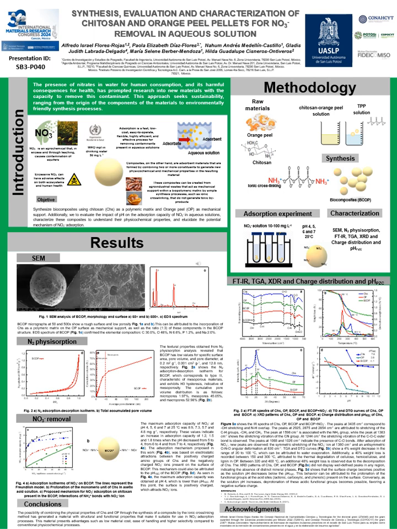Nitrogen physisorption. The textural properties obtained from nitrogen physisorption analysis revealed that BCOP has low values for specific surface area, pore volume, and pore diameter at 0.2 square meters per gram, 0.001 cubic centimeters per gram, and 12.8 nanometers, respectively.